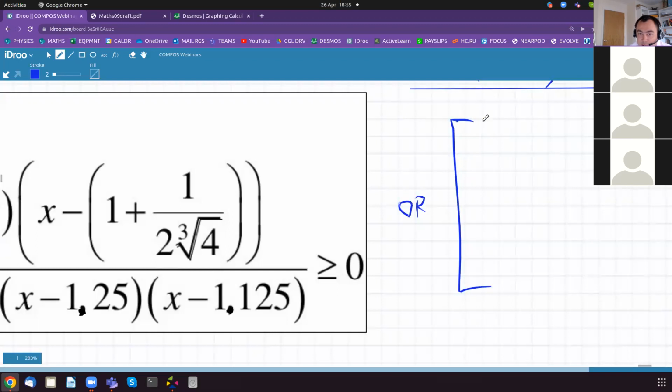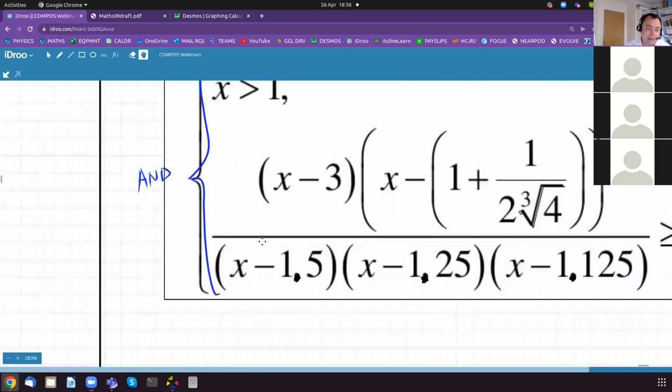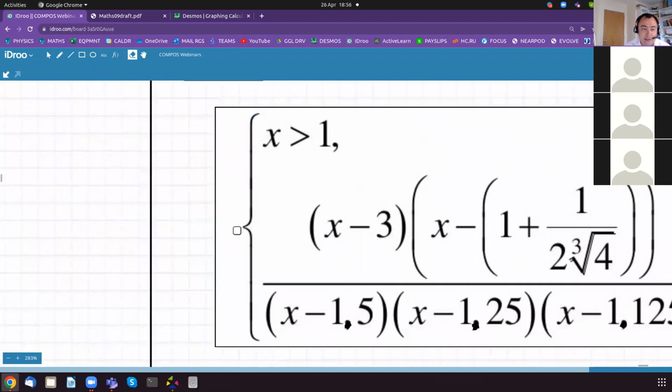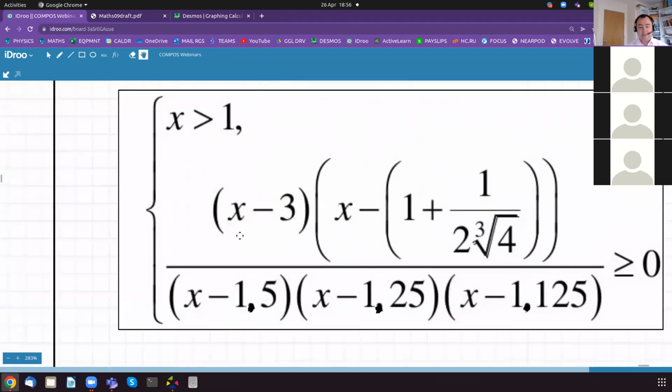So if you see this, like for example, x greater than 1, x less than 0, x equals 0.5, this means or. If you put an and here, that would be nonsense because x cannot be greater than 1 and less than 0 and equal to 0.5. So square bracket means or, and figure bracket like this one means and, or it's called a system of inequalities.